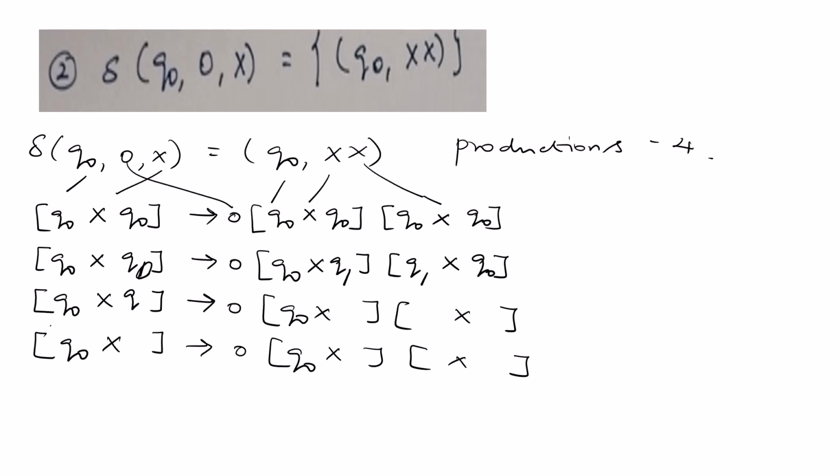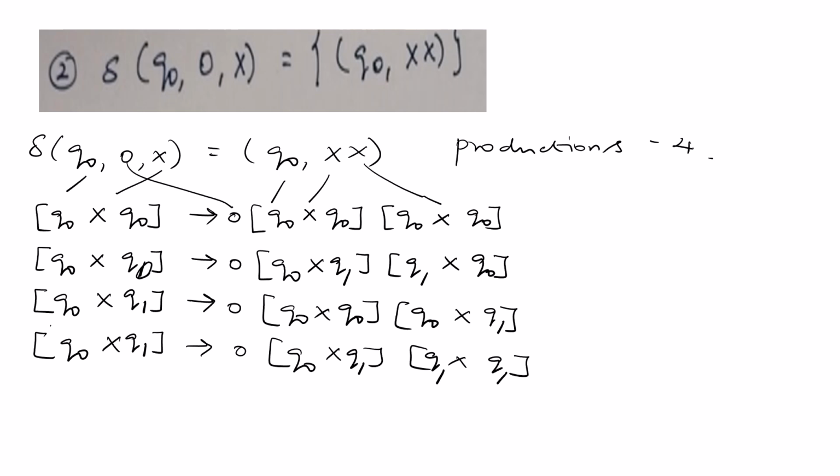Now we are going with Q1 here. Here is also Q1. Here Q1. Then the next possibility is taking Q0 here and here also Q1 and Q1. This is the possibility of the next 4 productions we obtained by this transition.